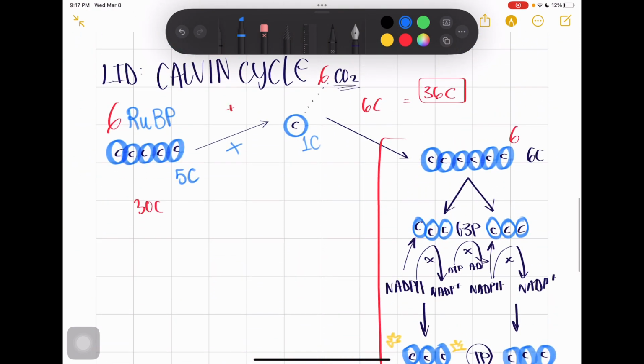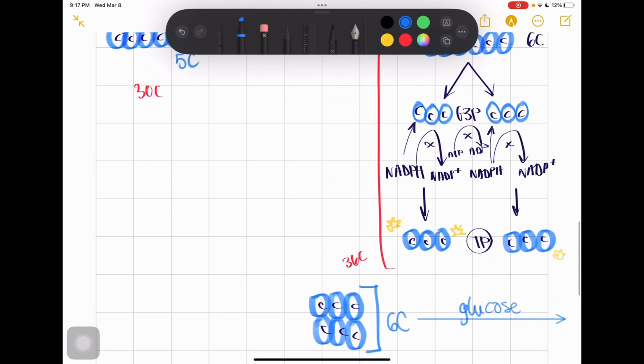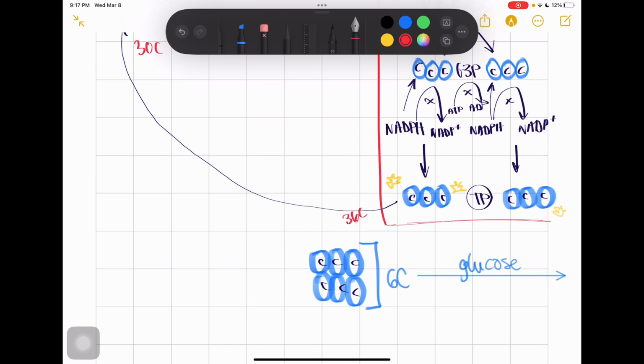Amazing. Now we're going to keep going with the cycle though. We're not done yet, guys. We still have more. Let's do more math. So at the end of this, we got 36 Cs.